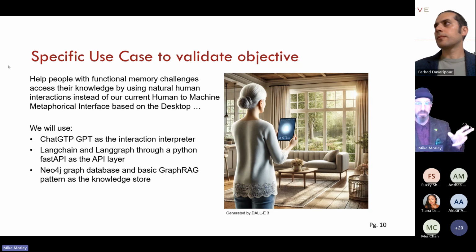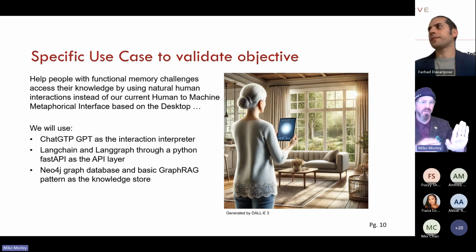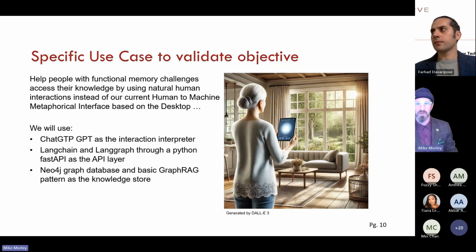I then wrote a GPT, which sits inside of the ChatGPT environment, that talks to an API that I've constructed that lives up in DigitalOcean. So the person can bring up their phone and interact with the knowledge stored in this repository without having to find the files, without navigating file folder structures, without using SharePoint or any of these sorts of things. They can just ask a question and get an answer back.